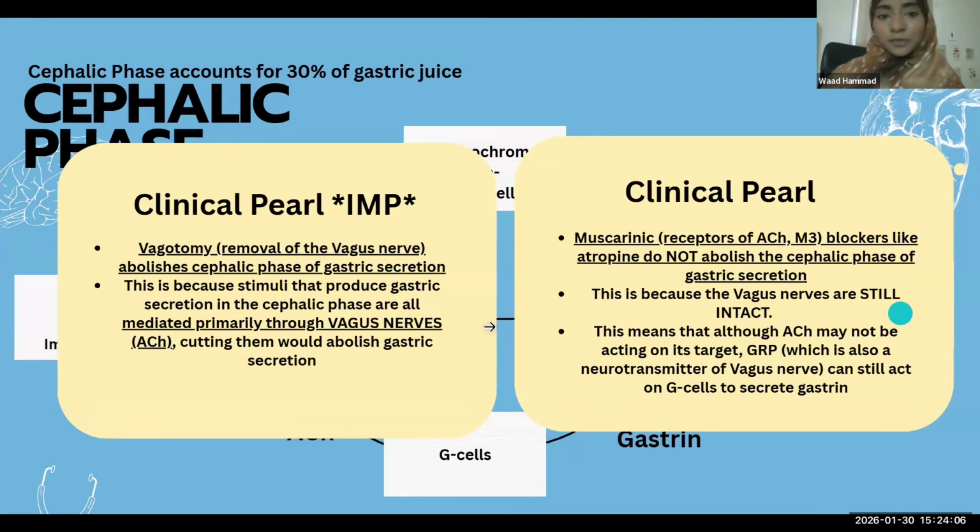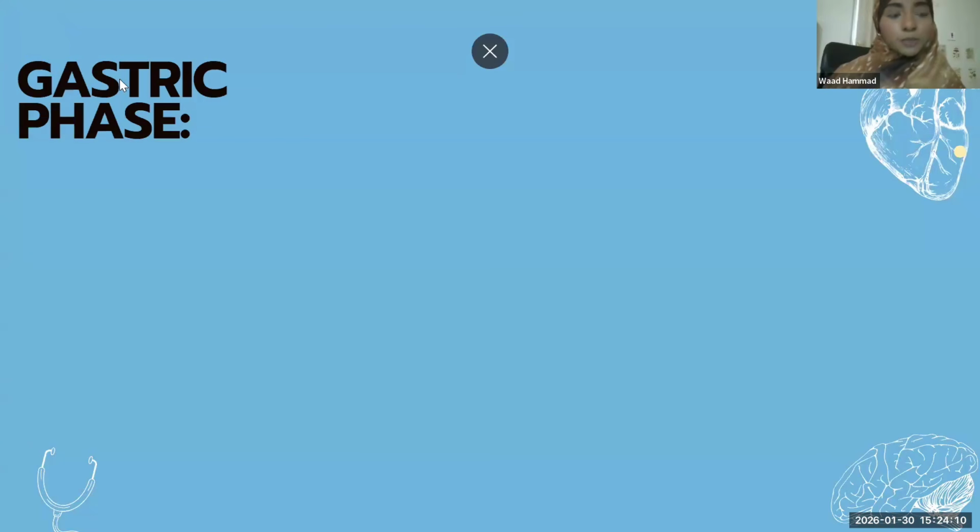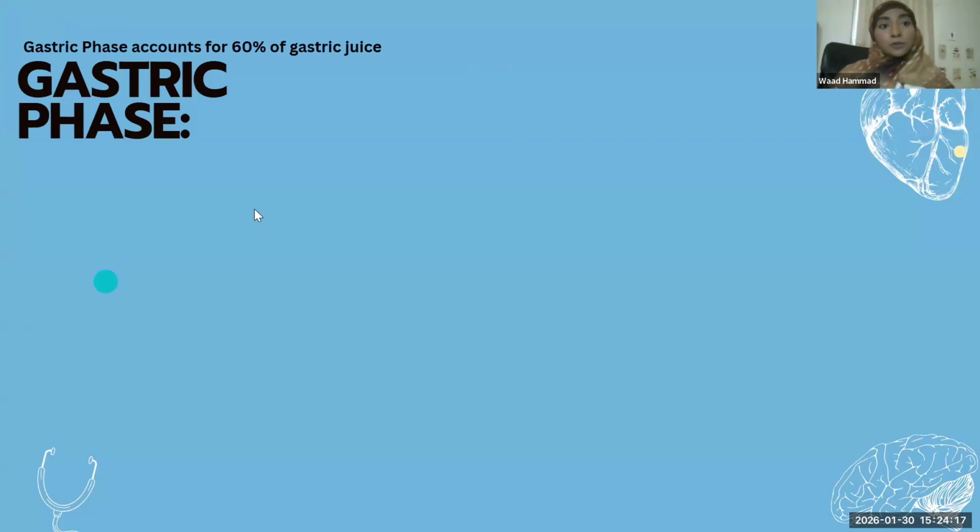Now we're going to be looking at the gastric and intestinal phase, which is pretty long, so just stay with me. The gastric phase accounts for 60% of gastric juice, so this is the big chunk. Before, we said the cephalic phase accounts for 30%.